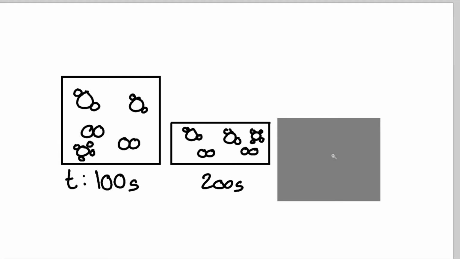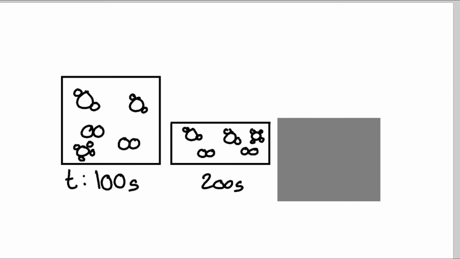Well, let's think about this. We already know that the only change that we have is that the volume has been reduced. Whenever the volume is reduced, and we're dealing with gas, and so let's assume this is gas, the side with the fewer moles is going to be favored over the side with more moles.